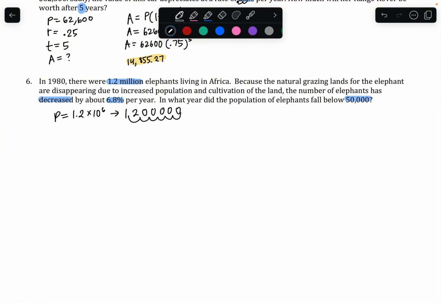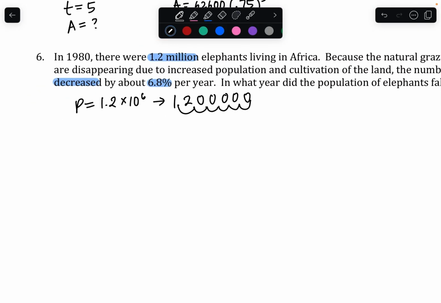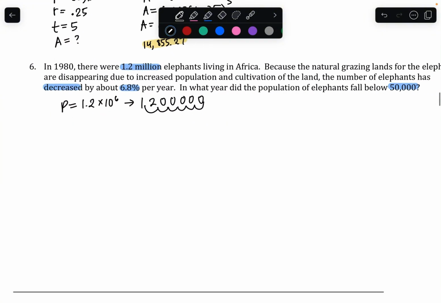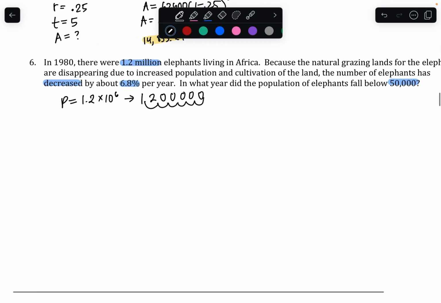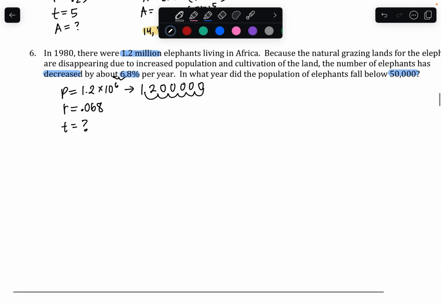Okay, and so that way when you're using your calculator, you can either type in 1.2 times 10 to the 6, or you can write all the 5 zeros after the 1, 2. Okay, and then our depreciation rate is 6.8, which is 0.068. And then we don't know the time. This is where things get a little more challenging. But we know the future amount is 50,000.